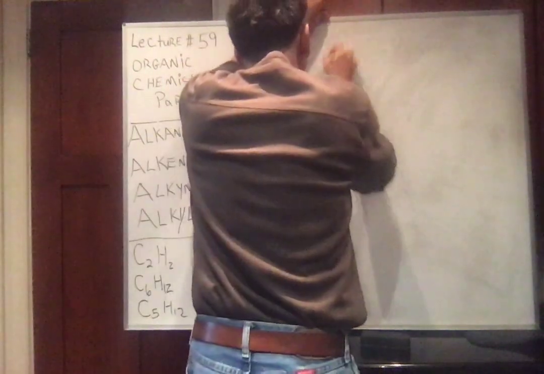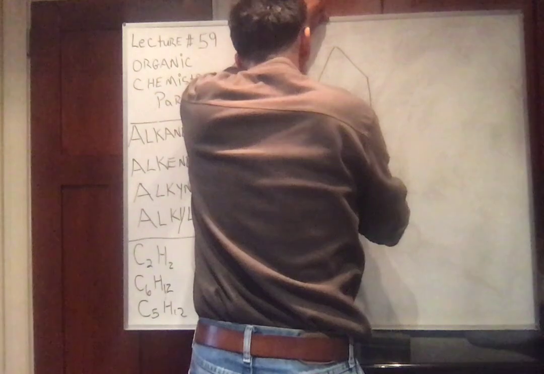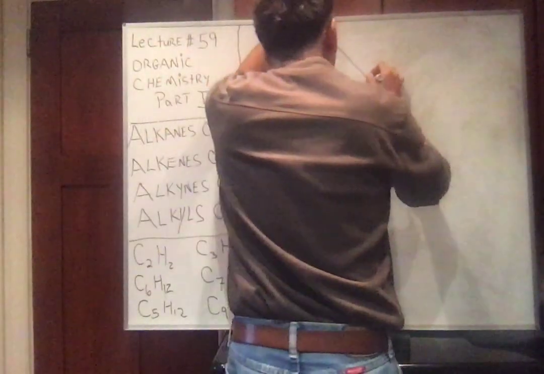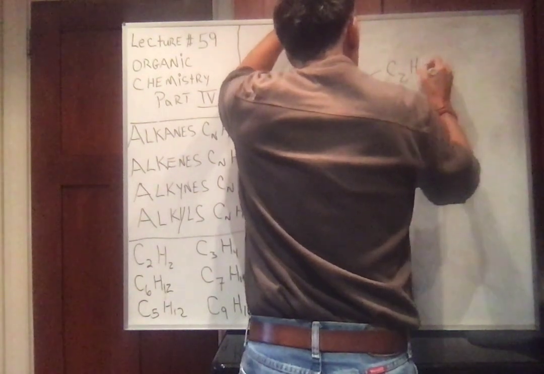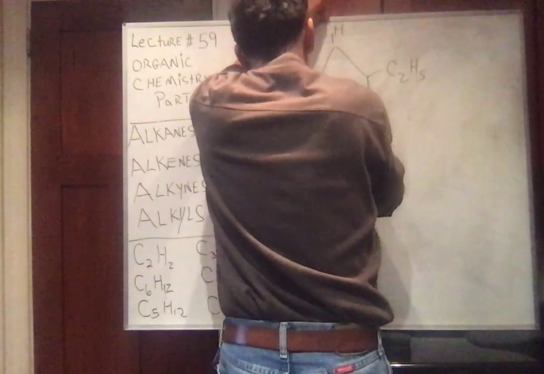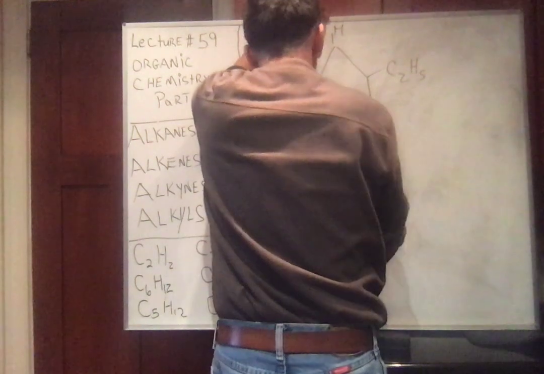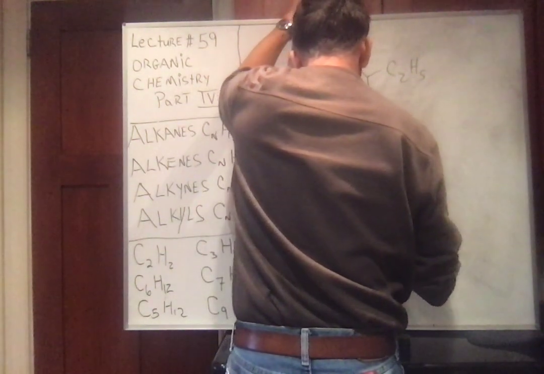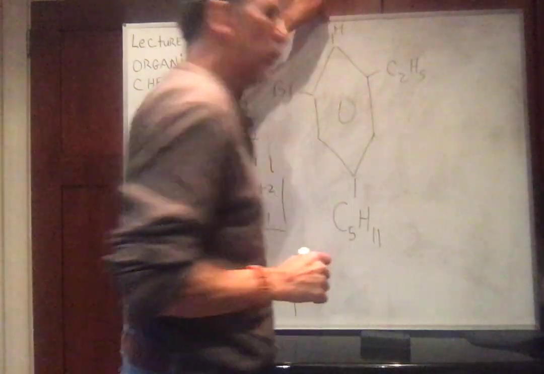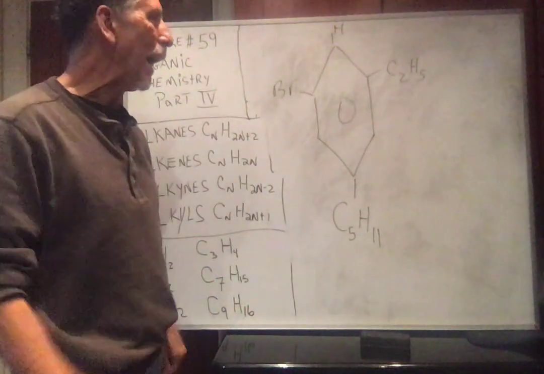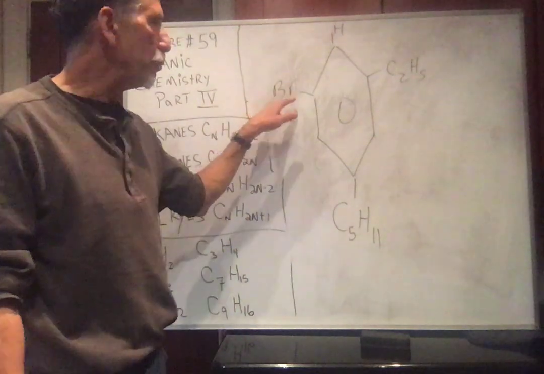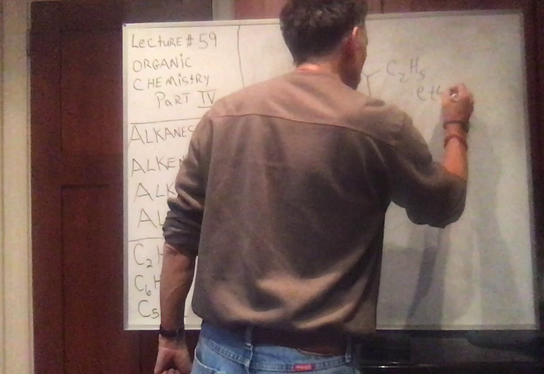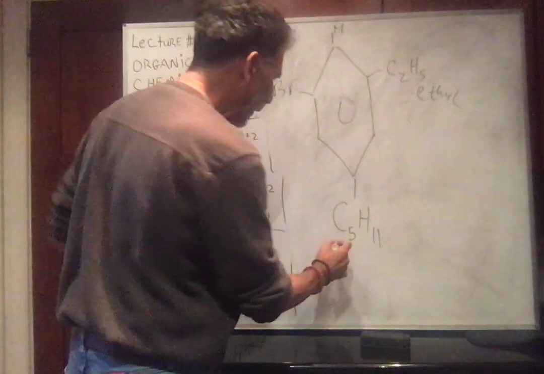So let me make something up. Okay, I'll make it nice and big. Benzene. Okay, so let's see. Let's try to name this beast. First, we have to see what do we have. We have bromine. This is ethyl. Remember what this is? This is pentyl.